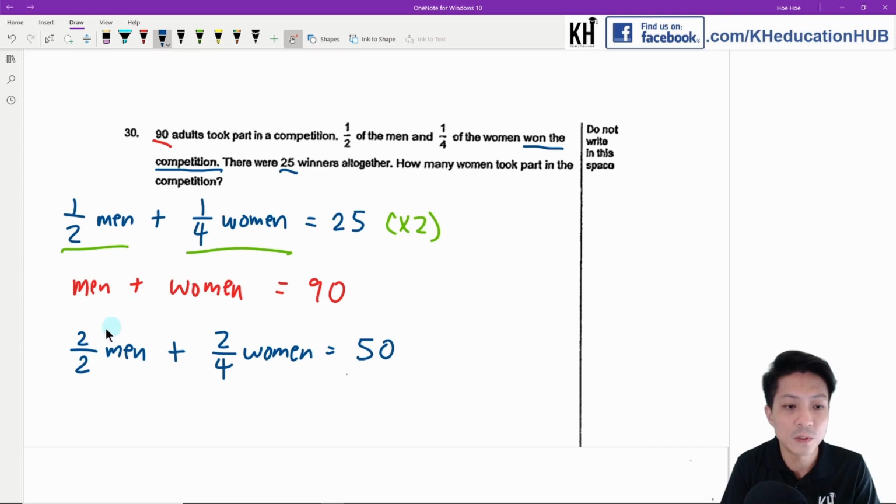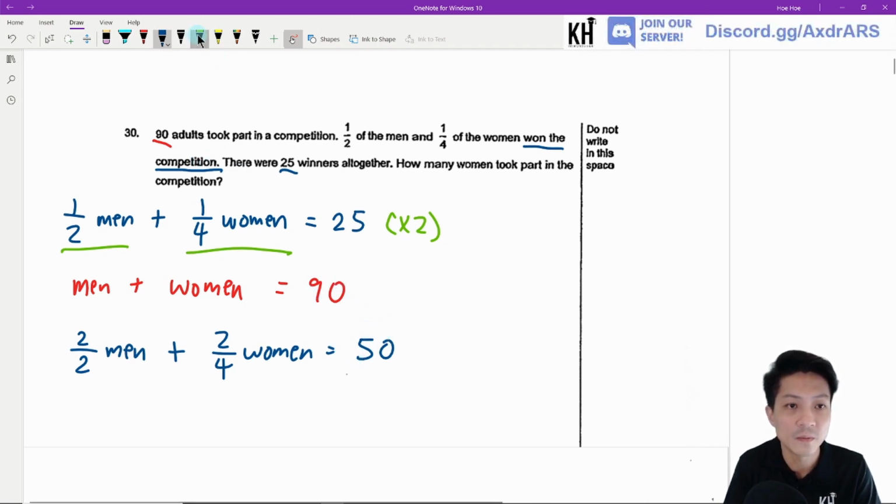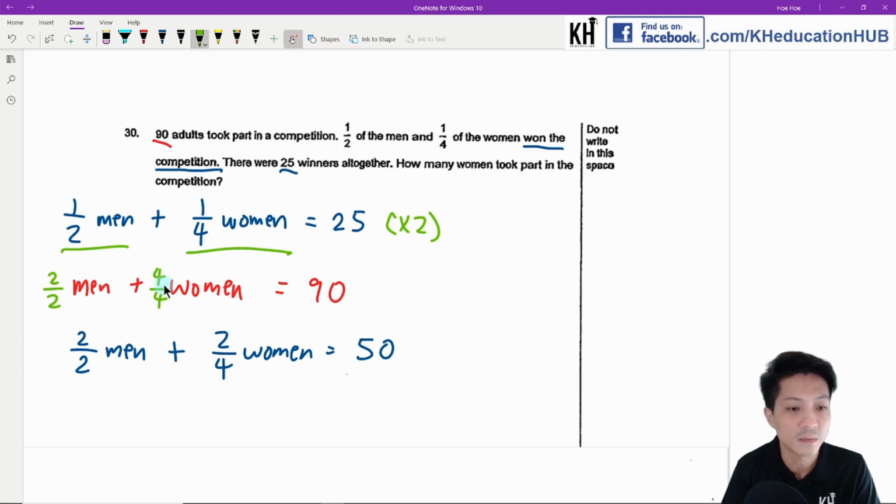Okay, so if you compare between the 90 and the 50, and you realize 90 minus 50, what does it give you? If not, you can think of the total men as 2 out of 2 and the total women as 4 out of 4. So over here the men minus the men, then it'll be all gone.